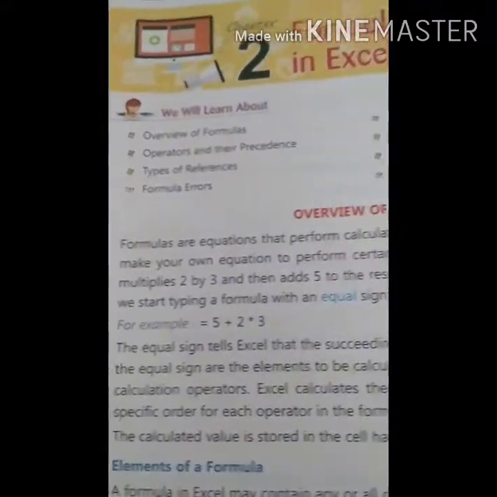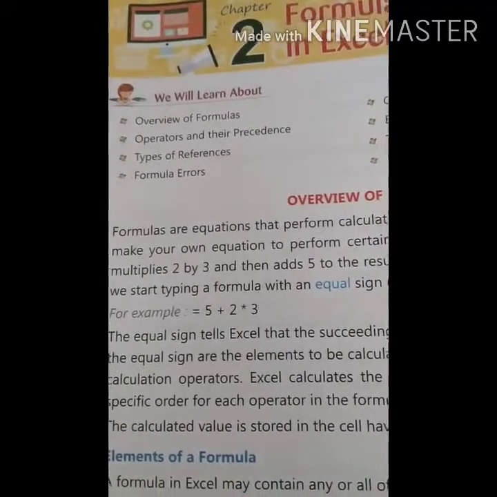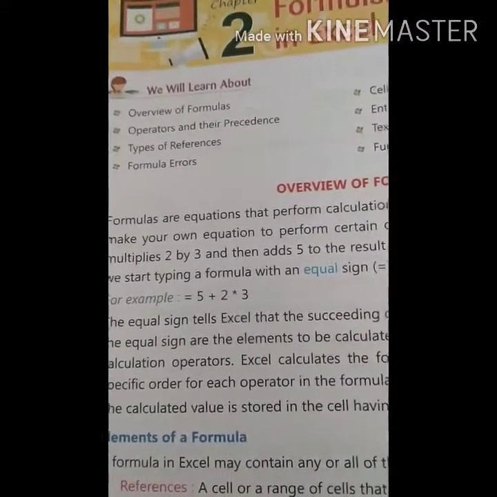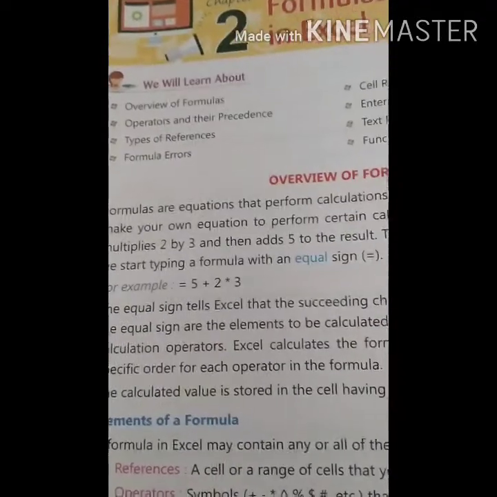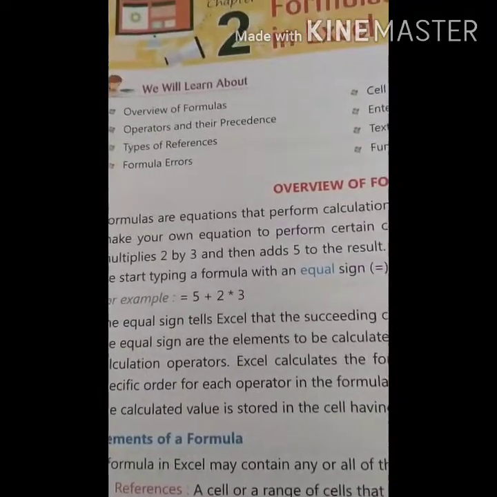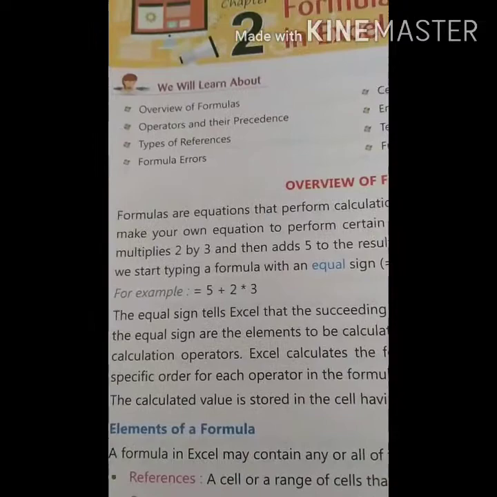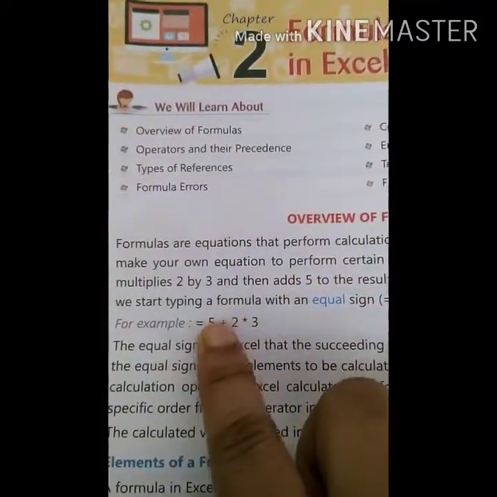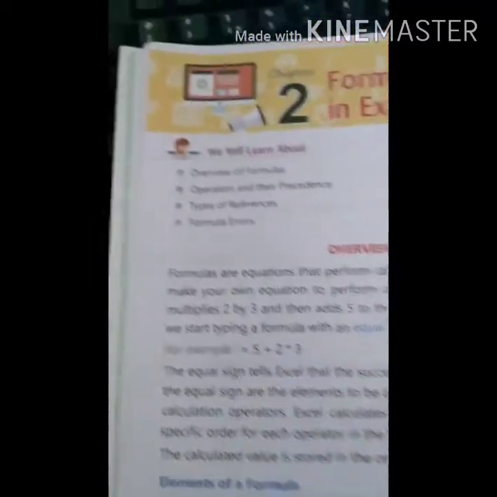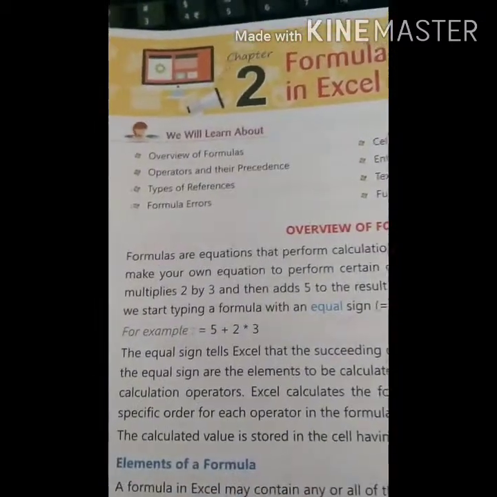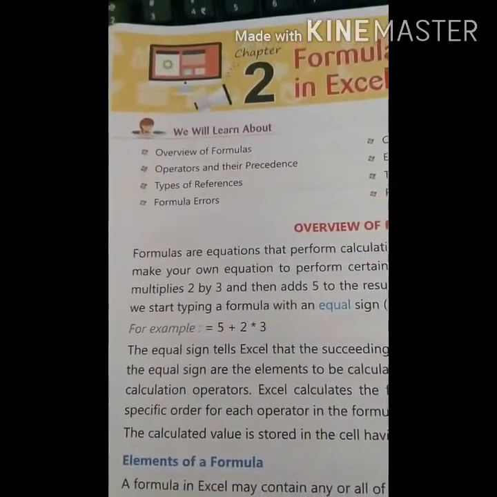Before writing any formula you give the equal to sign, then write the expression and press the enter button. Your result will be executed. Equal to 5 plus 2 into 3 will give you 11.